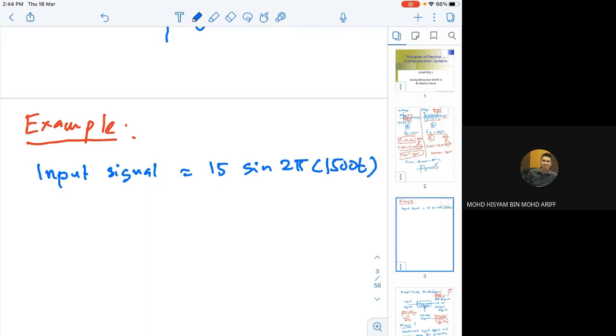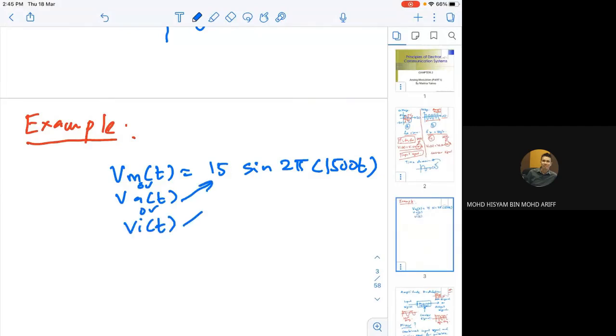Or in mathematical form, better I write it so that you can see it clearly: input signal, V, sometimes can be I, T, up to the question. As I mentioned before, sometimes it can be VI, VM, sometimes VAT, or sometimes VI, the input. Same meaning.